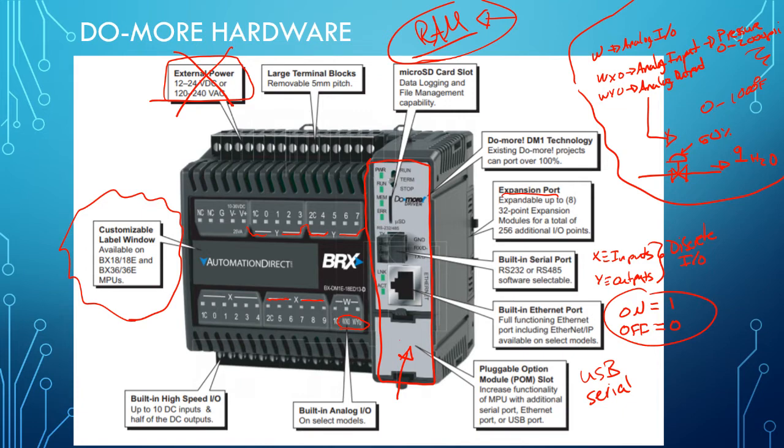This PLC right here uses an EEPROM, or erasable programmable read-only memory. That's what EEPROM stands for. It actually hard codes the program inside the hardware. So when you power it off, it's not volatile, and you will not, I repeat, you will not lose your program.